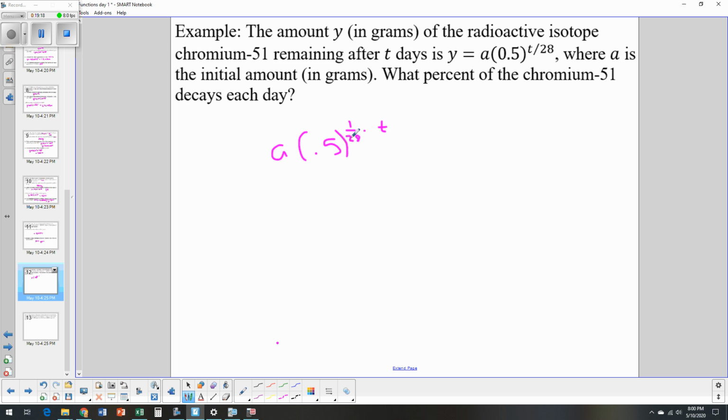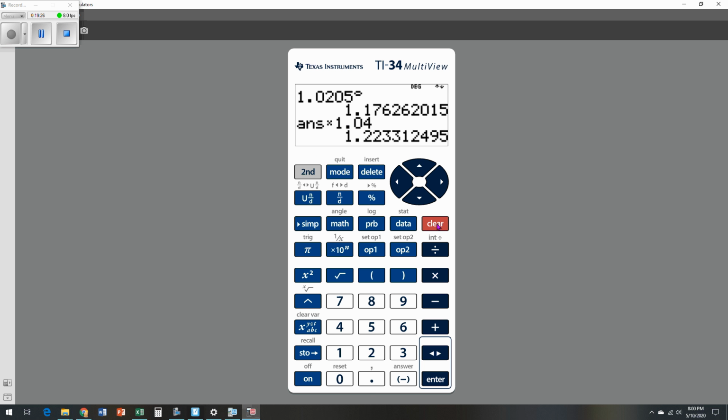And on my calculator, I can evaluate 0.5 raised to the 1 over 28. I'm going to go back to the regular calculator to do this. If I have 0.5 and I'm raising it to the 1 over 28, I'm going to use parentheses when I raise my power. 1 divided by 28.